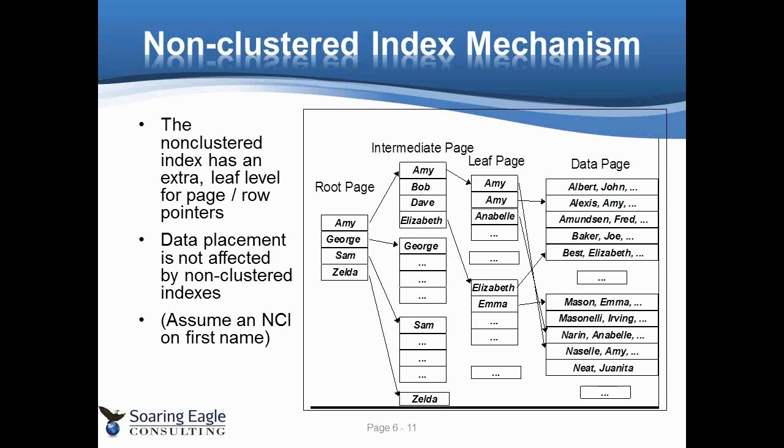Well, that's relatively simple, right? But here's what happens in real life. In real life, what frequently happens is the invoice detail has a primary key clustered on something like invoice detail ID, which is frequently an integer and frequently an identity column.